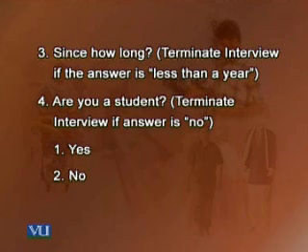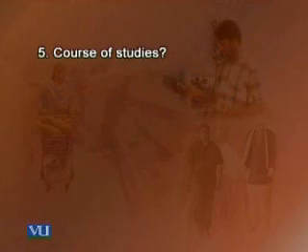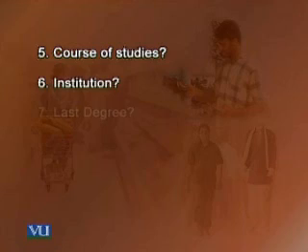Of course, if the answer is no, then we have to terminate the interview here. Question number 5 is course of studies, institution, last degree, etc. These kinds of questions usually are put in the demographic questionnaire in order to get more information about the target consumers. And this information later on can be used in different studies.